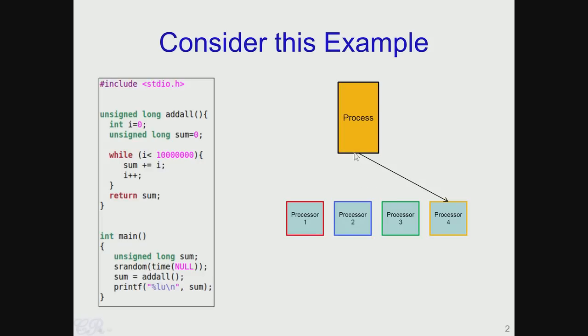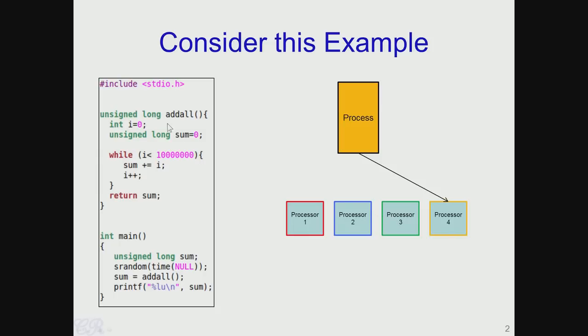What we observe here is that even though we have 4 processors present in the system, this entire program, which may take considerably long to execute, just runs on a single processor, leaving the other 3 processors idle or doing some other task.